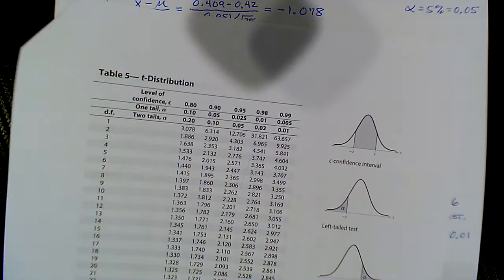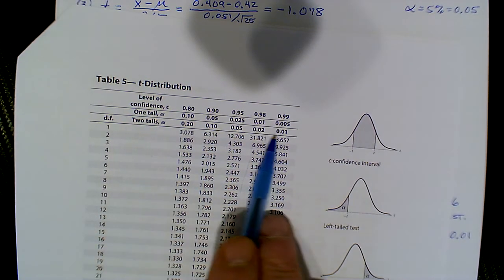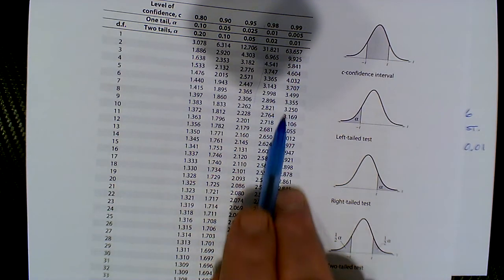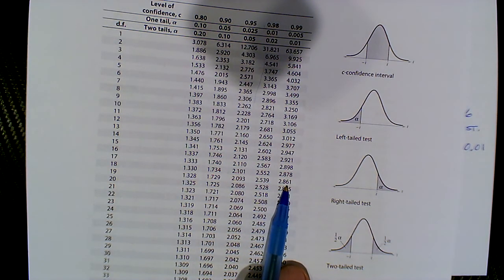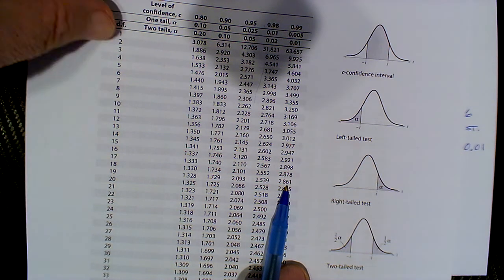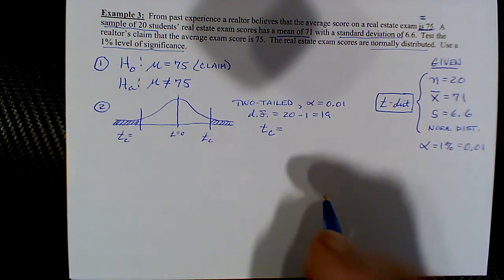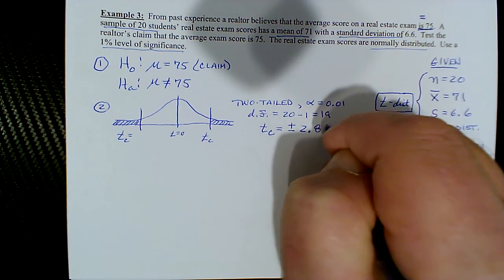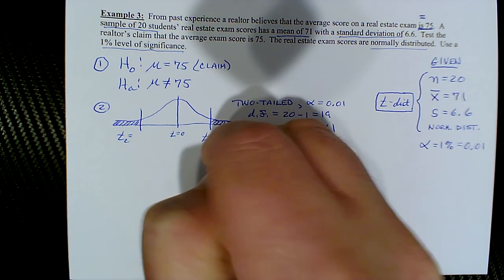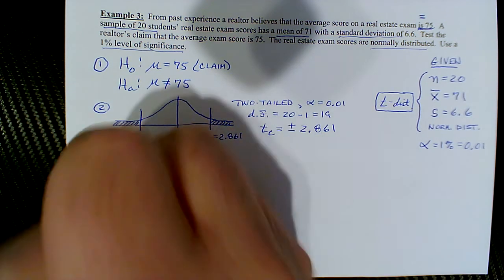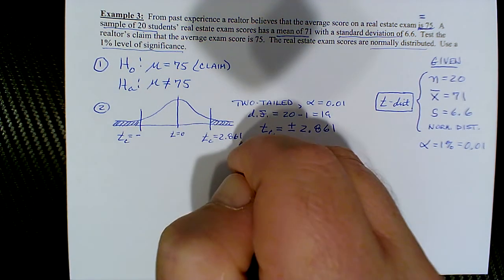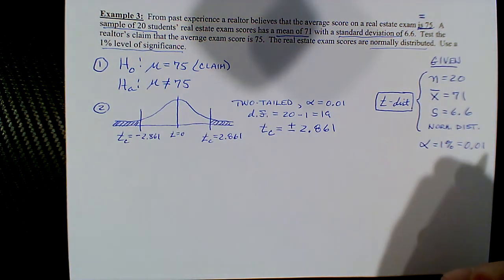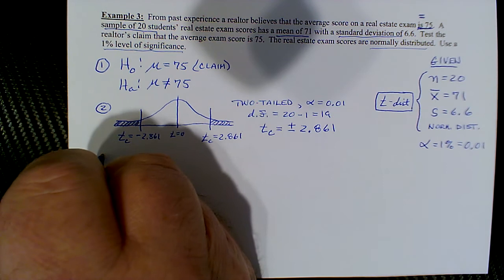That's our final column here. Degrees of freedom were 19, so just move down to the 19 row. Looks like 2.861. So therefore, t sub c, because it's two-tailed, we'll say plus or minus 2.861. So if you wanted to label the diagram, 2.861 on the right and negative 2.861 on the left, separating the rejection from the non-rejection regions.